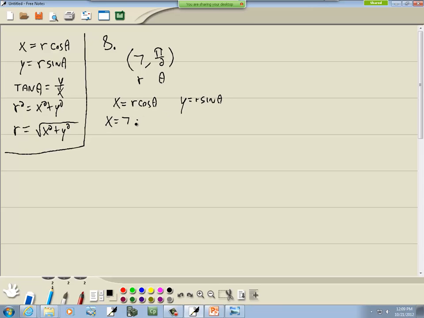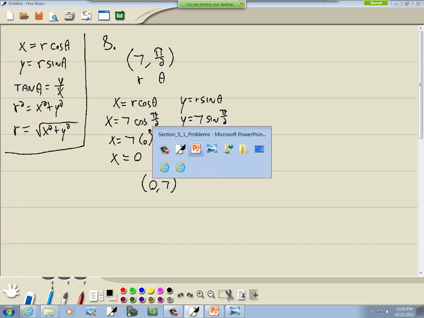Well, r is 7, and then cosine of pi over 2, and here r is 7, and sine of pi over 2. Well, I'm up at pi over 2. Cosine is equal to 0, so I got 7 times 0. So x is equal to 0. And sine of pi over 2, I'm over pi over 2, sine is equal to 1. So we got y is equal to 7. So our point would be x, y, which would be 0, 7.